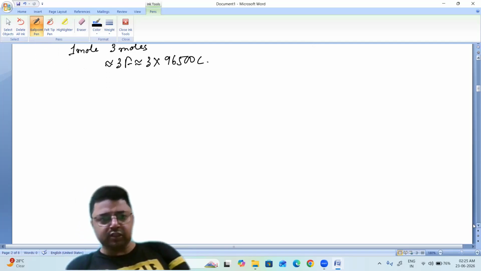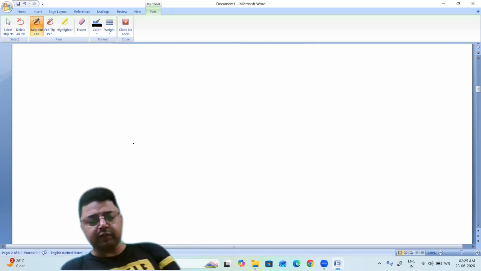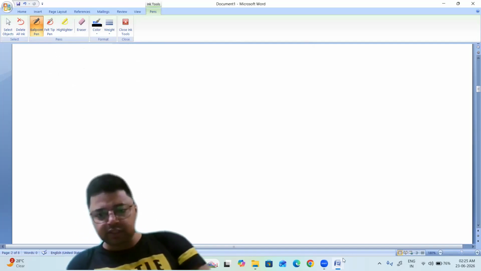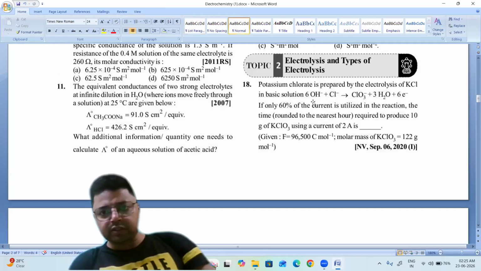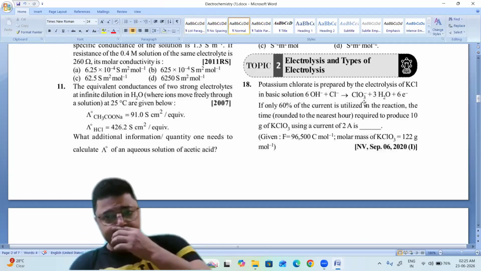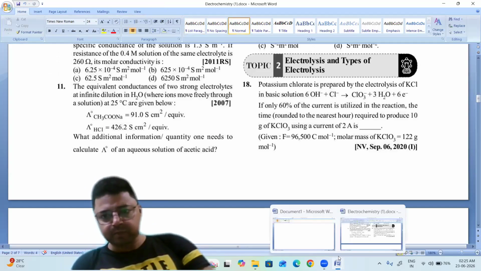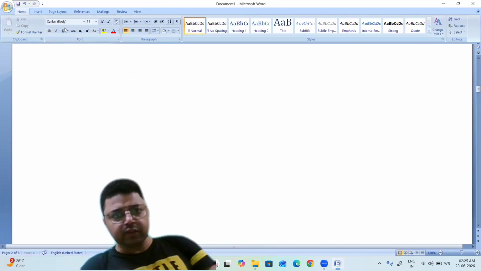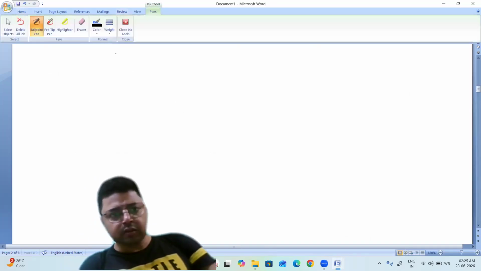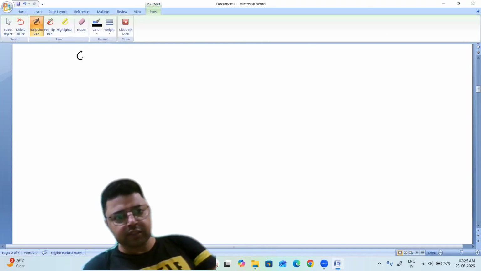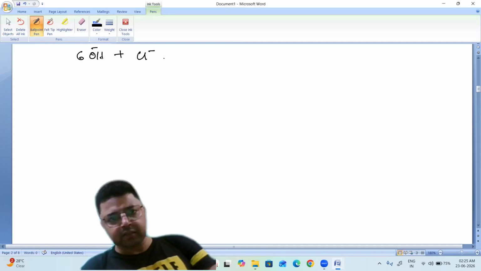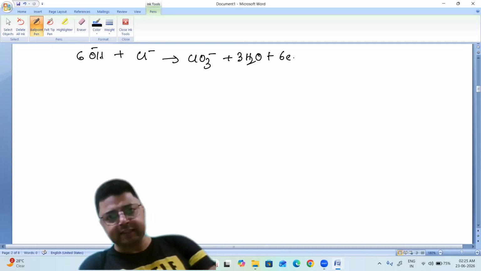Similarly, when we are doing this question, they have given you this equation. What was the equation? Let us check once more. They have given you the equation 6 OH minus plus Cl minus, from here you are getting ClO3 minus plus 3H2O and 6 electrons.